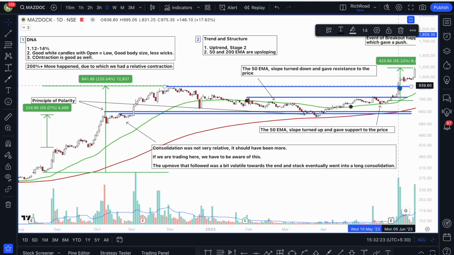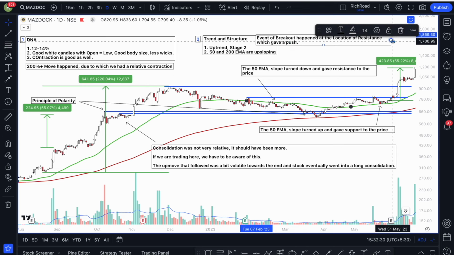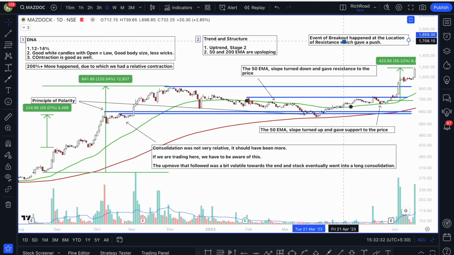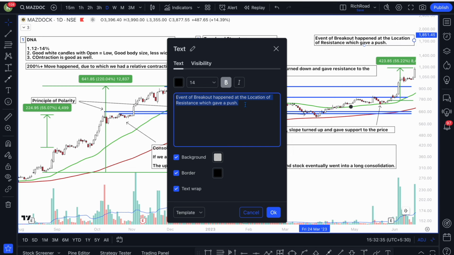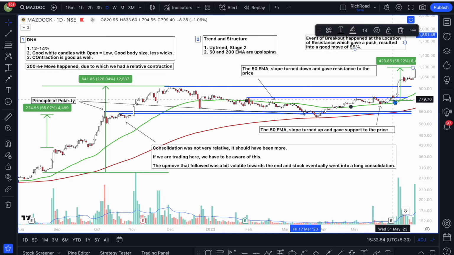If you see the hourly, definitely you will see something is happening around this blue line. So you just mention this point over here. And because of that, the event of breakout happened at the location of resistance, which must have given a push, resulting in a good move of 55%, right? So this is about this entire up move that happened over here.